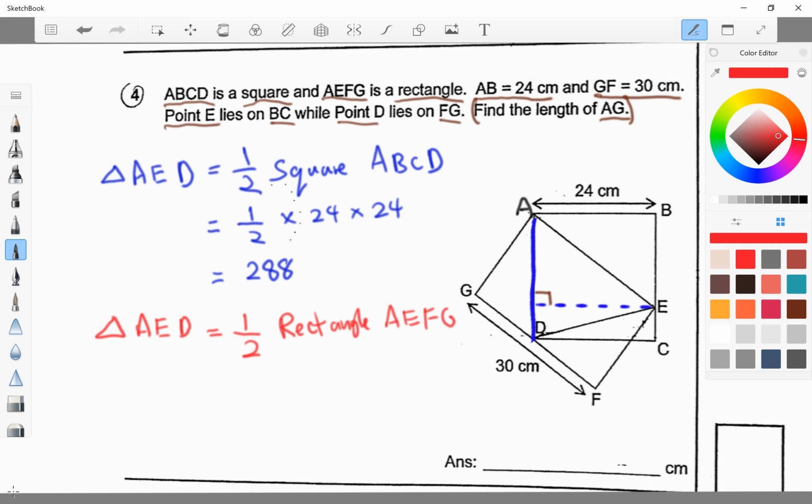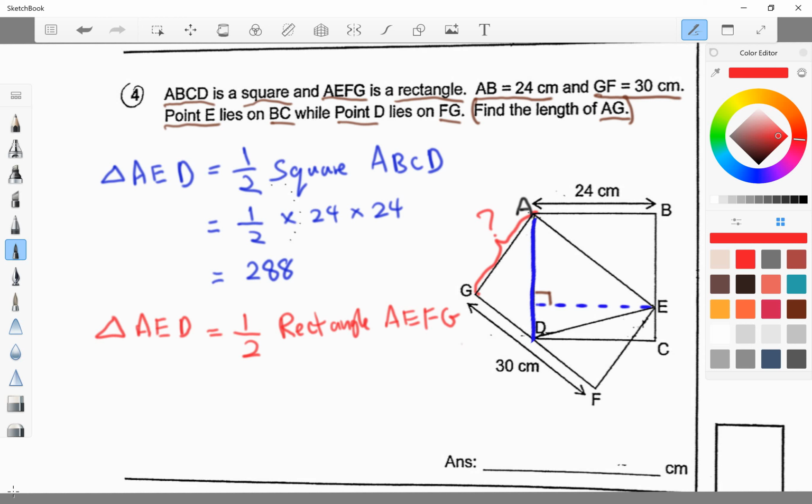And if the question is asking us for AG, which I'm labeling right now using red color, the AG that they are looking out for has got to be the breadth of the rectangle.